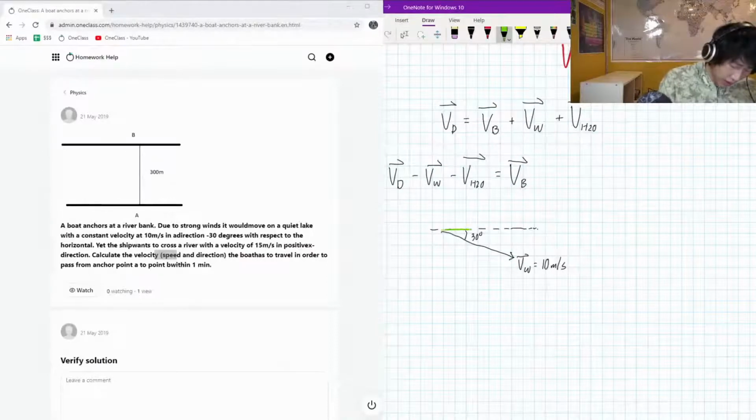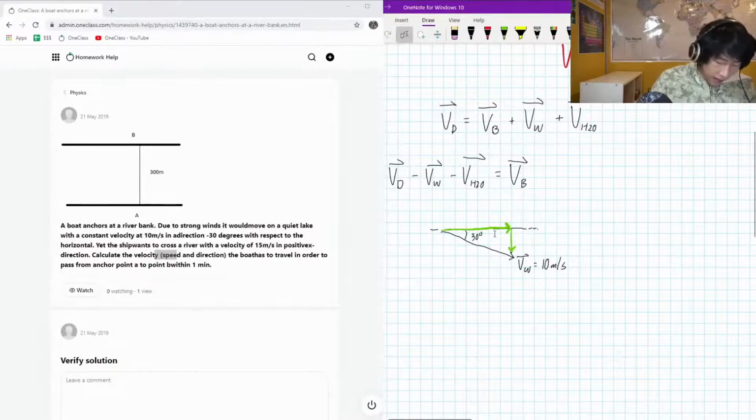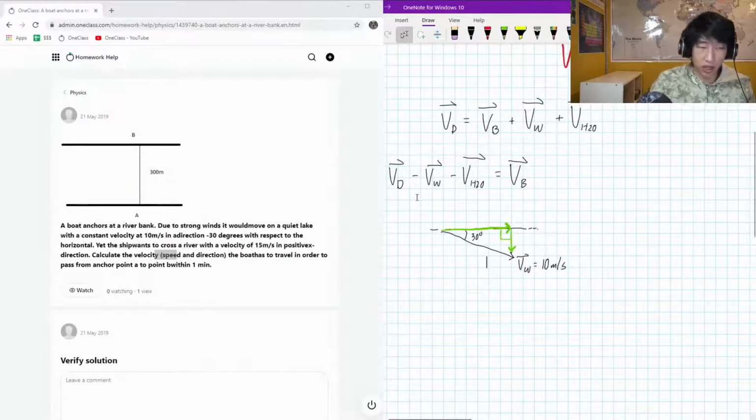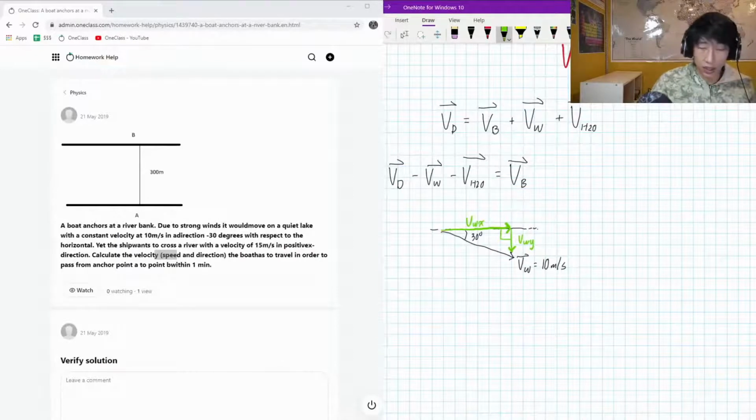We know that we could break this down into its x and y components like this. Okay, and those two green vectors added together would be the same as VW. And to find these, hey, this actually looks very similar to a right angle triangle. Maybe with the power of trigonometry and SOHCAHTOA, we could find out the VWX and the VWY of these components.